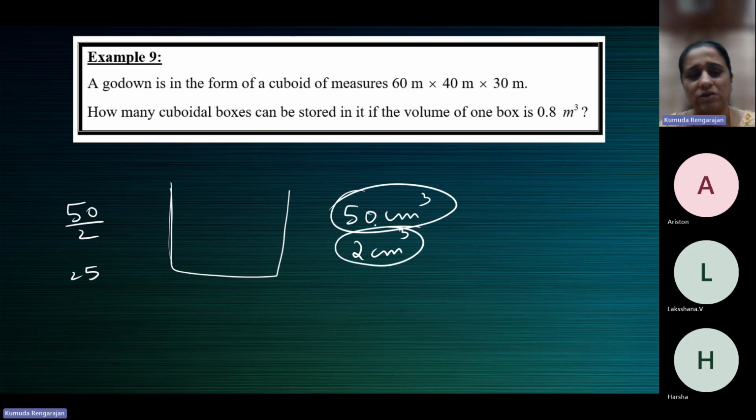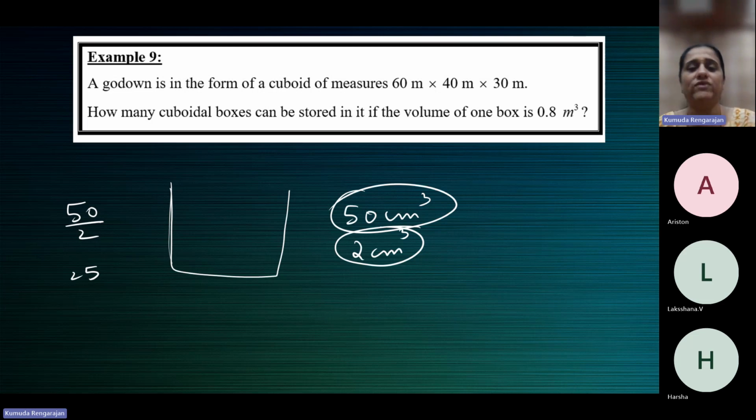Whatever you store need not be an ice cube. Maybe a sweet. Each sweet has a volume of 2 centimeter cubed. So how many such sweets can be placed in this container?